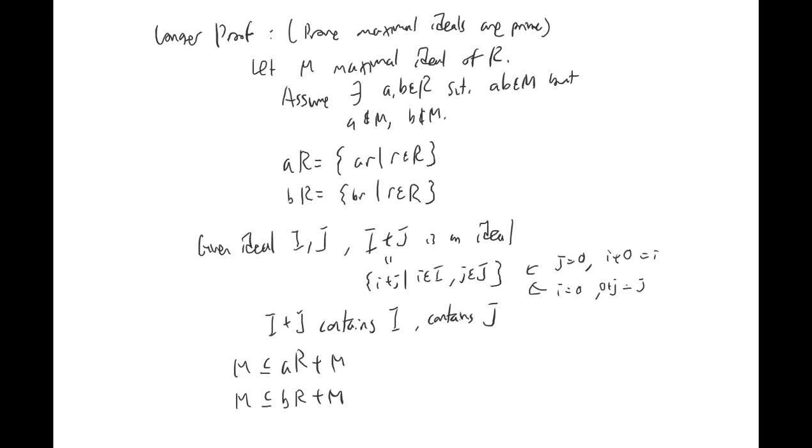You can't have anything in between because M is maximal. Does everyone see this? So R plus M is equal to M or R.